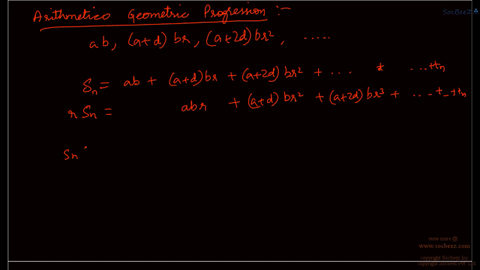Now I subtract them, so I get Sn(1−r). The first term is as it is, and now subtract the terms in the respective columns, right?